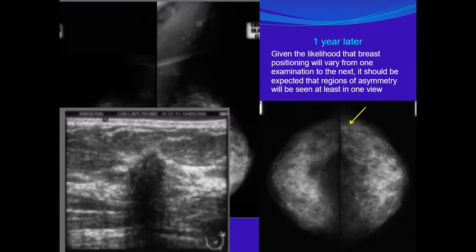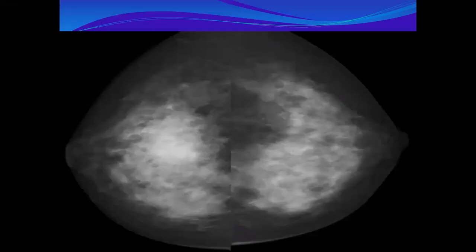Look at the other view and go for ultrasound. Otherwise, you are going to miss cancer. We are always aiming to pick cancer as early as possible when it is curable, to improve prognosis.